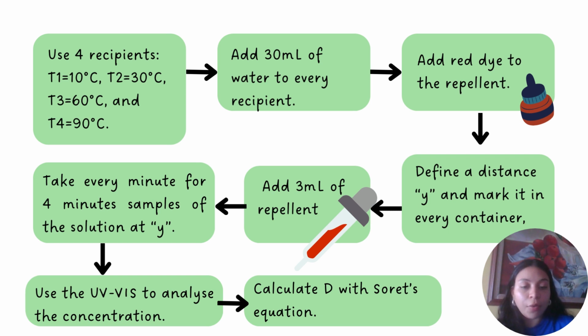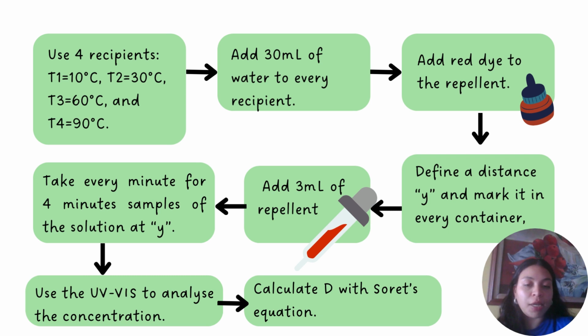Then to our repellent, red dye was added, and then a distance in each container was marked, and this was our Y. To each container, 3 milliliters of repellent were added, and samples were taken out of the distance marked as Y every minute for 4 minutes from each container.